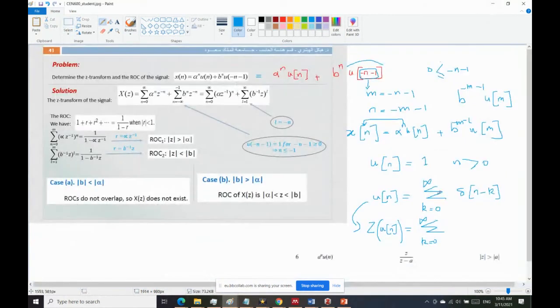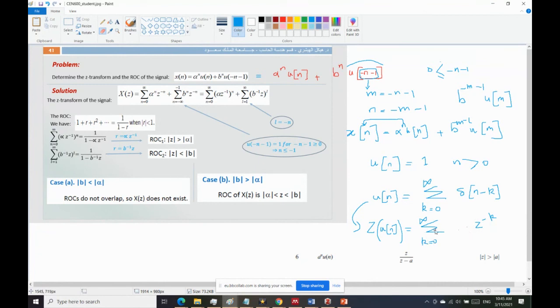But how did we actually calculate it? We took the Z transform of each delta, which is 1, but it's shifted. So we have to multiply by Z to the power of minus k using the shift rule. So it is the sum of Z to the power of minus k from 0 to infinity.